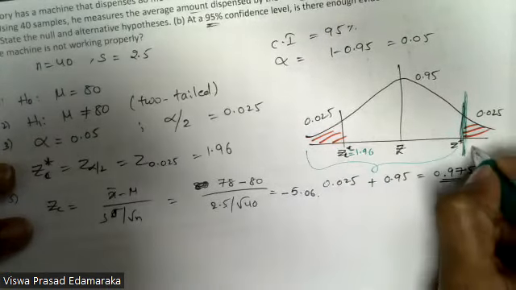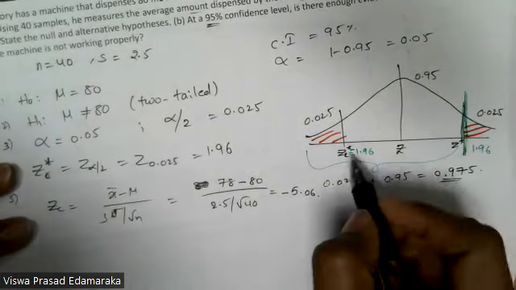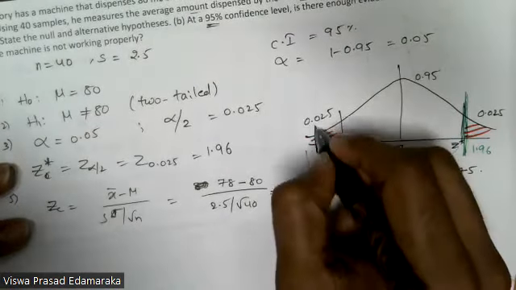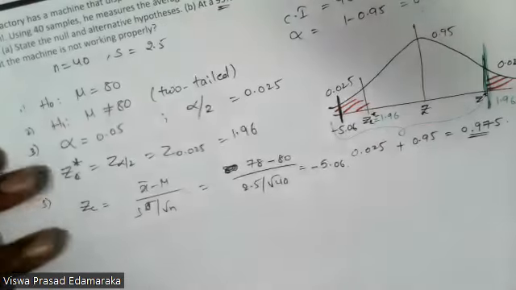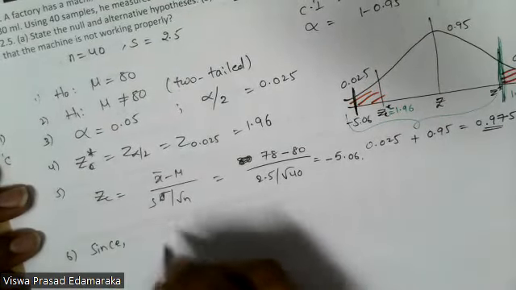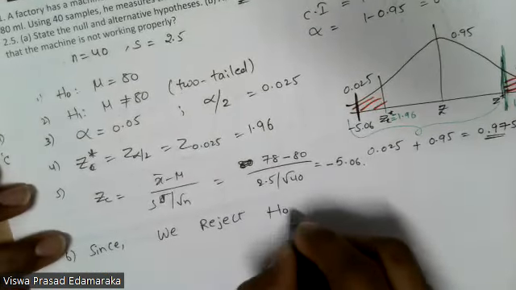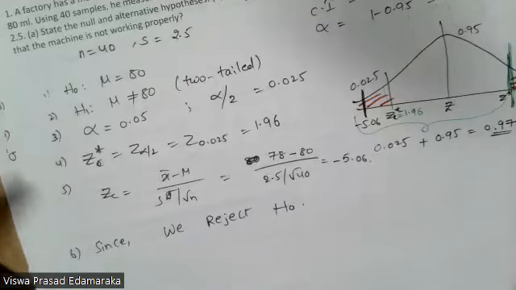Minus 5.06 will come here. As we know, since it is in the rejection area, we reject the null hypothesis. That's it.